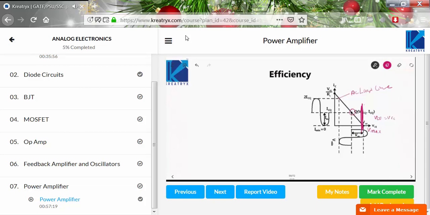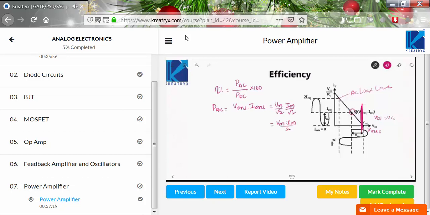Next, efficiency. Efficiency is nothing but what actually? PAC by PDC into 100. Right, what about the PAC? PAC is nothing but VRMS into IRMS. VRMS is nothing but VM by root 2. IRMS is nothing but IM by root 2. So which is equal to VM into IM by 2, right?